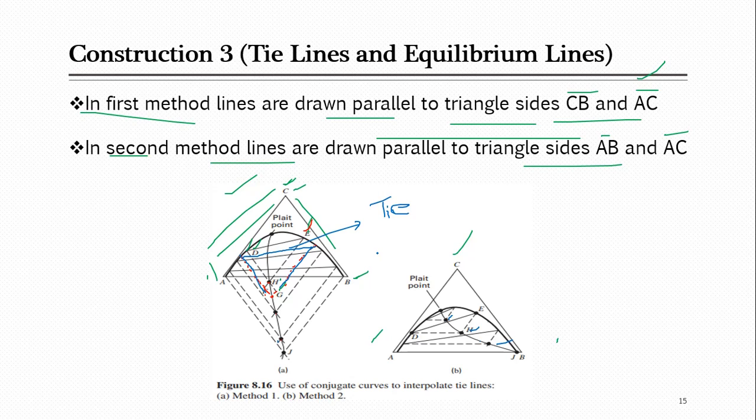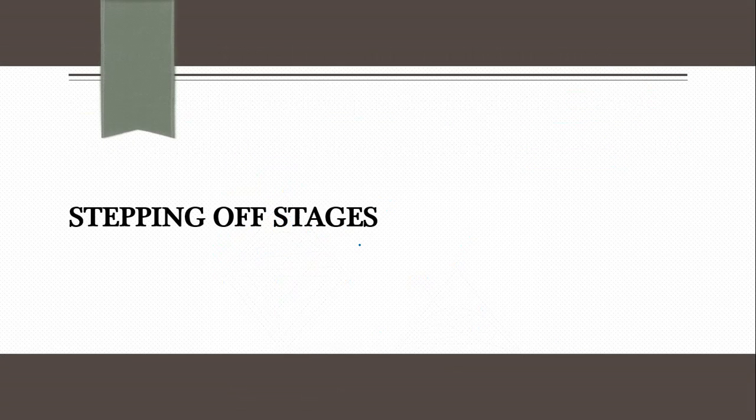Now recall the first slide of the Hunter-Nash method, in which we said that there are 3 constructions, and when you are done with these 3 constructions, you can look for the number of stages. We are at that point, so let's locate those stages.